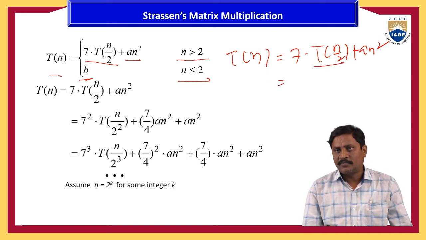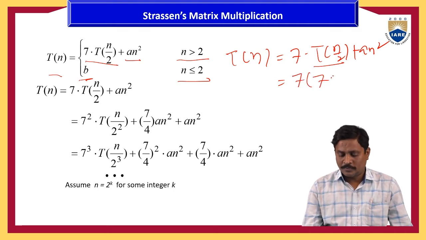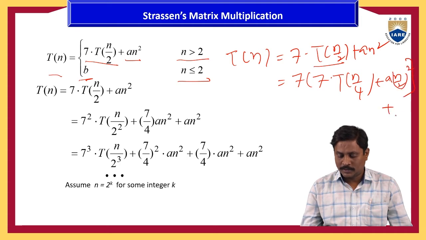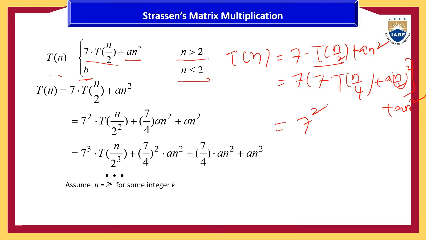Now this 7 T of n by 2 is also in the form of T of n, so again use the same formula: 7 into T of n by 2 by 2, that value is n by 4, plus a into (n by 2) whole square, plus a n square from the previous step. That gives 7 square T of n by 2 square plus 7 by 4 a n square plus a n square.